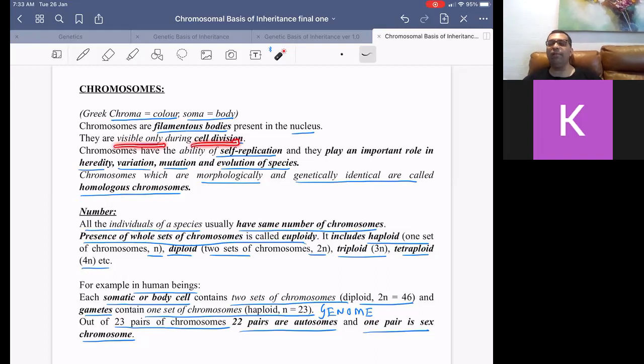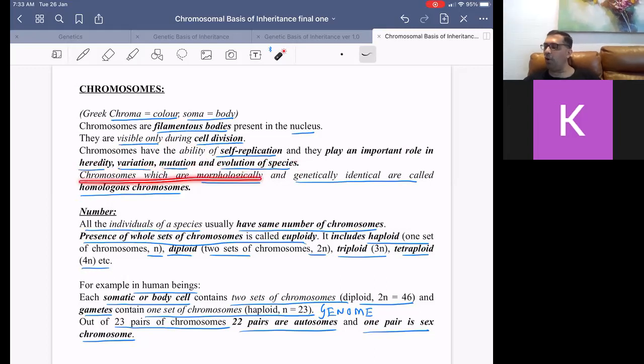During cell division, they will undergo condensation to form chromosomes. Chromosomes have ability of self-replication and play an important role in heredity, variation, mutation, and evolution of species. So, all the characteristics of heredity, variation, mutation, and evolution are dependent on chromosomes.